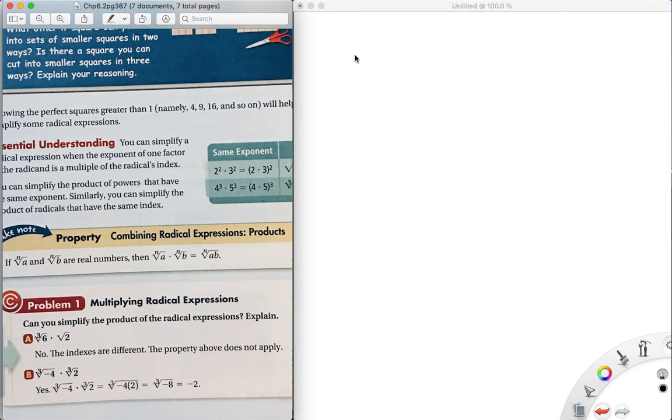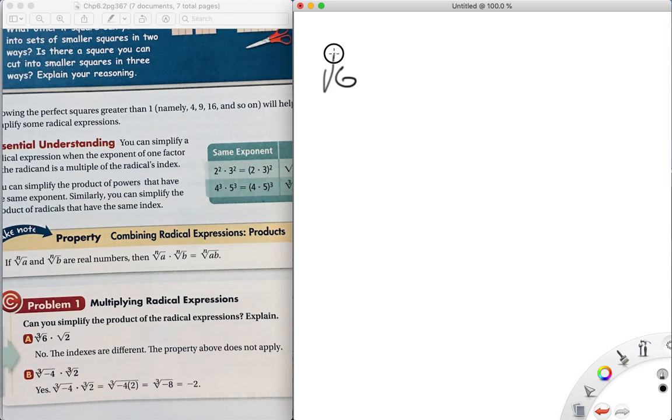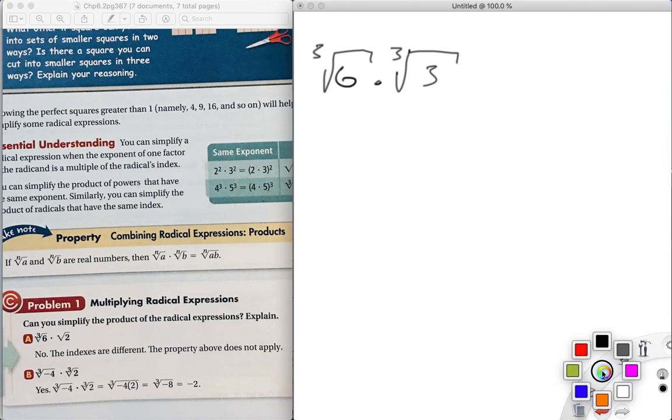So if I have something like the cube root of 6, and I multiply it times something else like the cube root of 3. Since the indices are the same, there's a 3 here, there's a 3 here, then I can multiply the inside. These two can multiply.